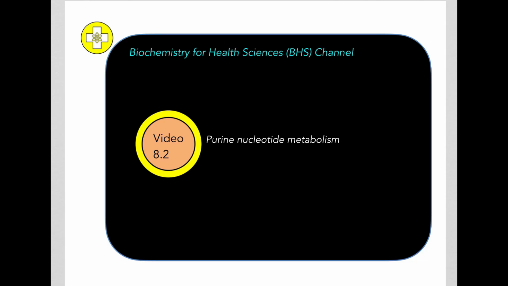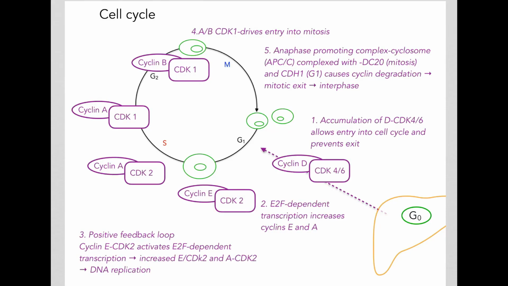In today's video, we shall discuss purine nucleotide metabolism. In the last video, we discussed cell division and its association with cancer. Before a cell divides, the chromosomes have to be copied so that the daughter cell will also get its 23 pairs of chromosomes.